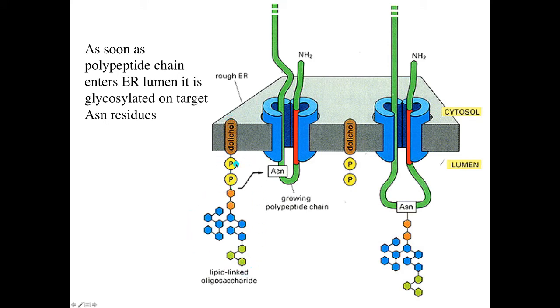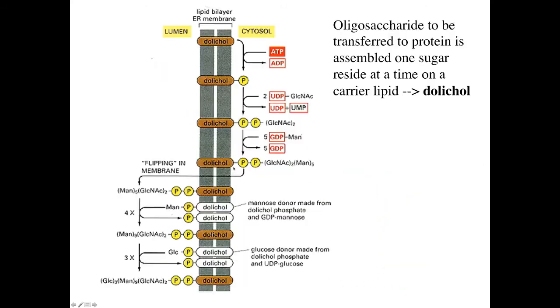These sugars are added all at one time. They're transferred from a Dolichol molecule onto that asparagine residue. This transfer is a rather interesting process. The oligosaccharide that's going to be transferred to the protein is assembled one sugar residue at a time on a carrier Dolichol-lipid molecule.